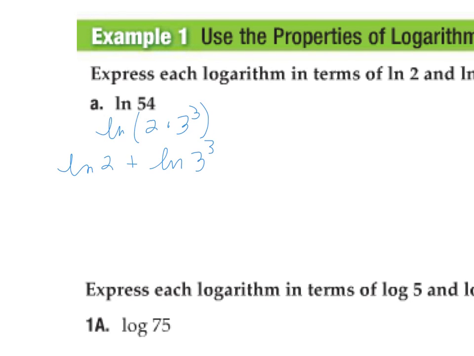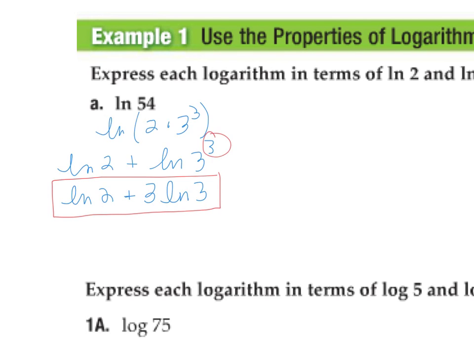I'm still not quite simplified because I need to bring the exponent 3 out in front to become a multiplier. So I'm going to rewrite it as natural log of 2 plus 3 times the natural log of 3. And that's my answer. I now have it written in terms of the natural log of 2 and the natural log of 3, and that's all that we're wanting to do.